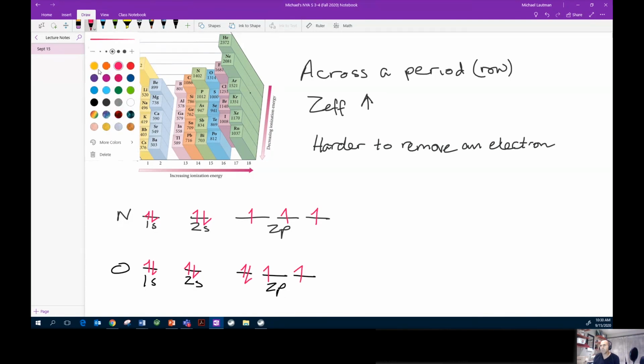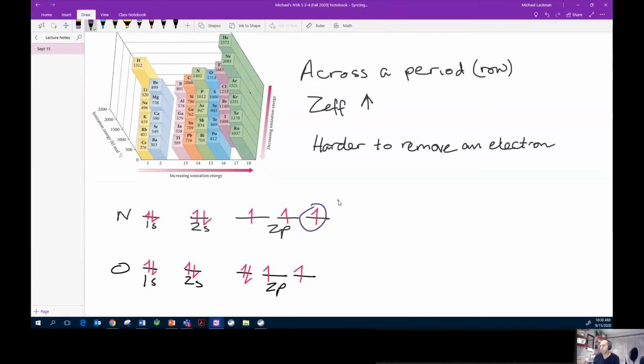So in the case of nitrogen, this would be the electron removed in first ionization.